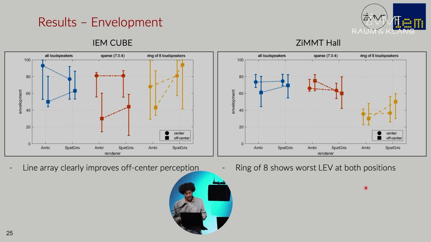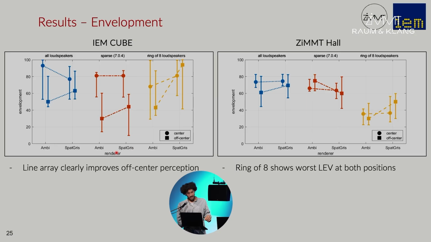The listener envelopment further shows that there's not an effect of the renderer, but we could see an effect of the loudspeaker layout. This is especially because we would imagine that the sound sources are all rendered with an equal loudness. There's no reason for the one noise being louder than the other, which makes them rendering independent.